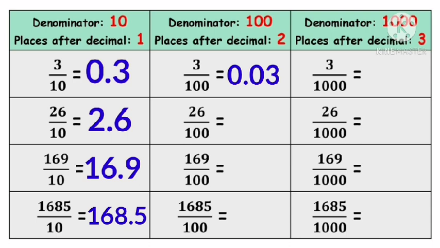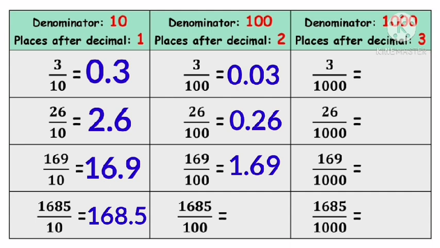Now comes the second fraction. 26 by 100. Now here you already have 2 digits in the numerator. So do you need to add any 0? No. So this can be easily represented in decimal form as 0.26. Now the next fraction is 169 by 100. This will be represented as 1.69.